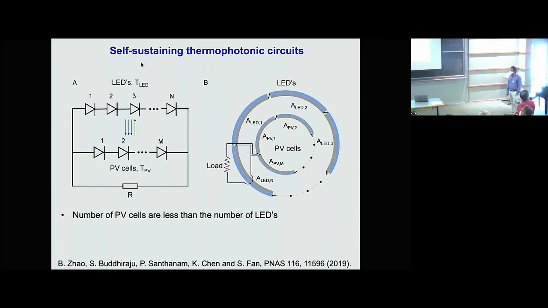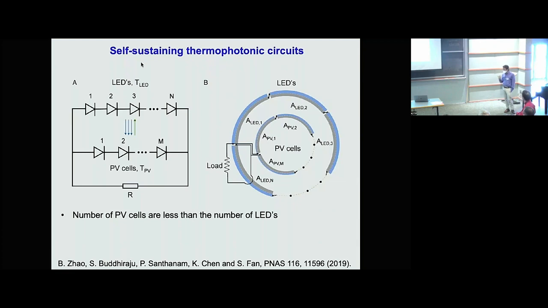It's a very good question. Thermophotonic system, if you would like to be able to beat the thermal photovoltaic system, you need to be in a regime where you do electroluminescent cooling. Because you basically say, I pay IV electric power to the LED side. How do I get more than thermal radiation? You get more because you suck heat from the outside.